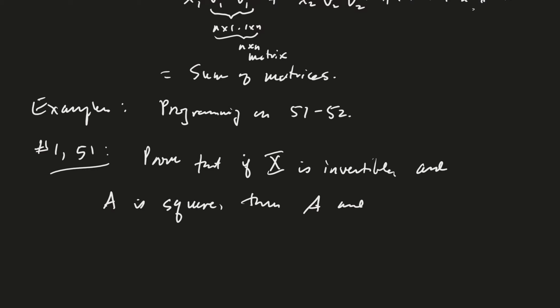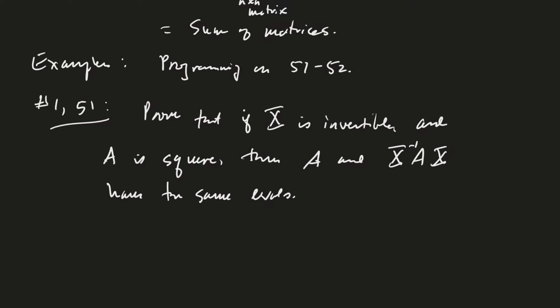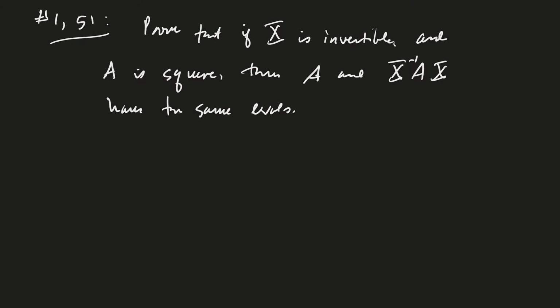A and x inverse. Oh, oops, got those reversed. Do you think it's going to matter? I don't know. Have the same evals. That's not too hard to prove. But I will say that just to get you started on that, how would we prove this?